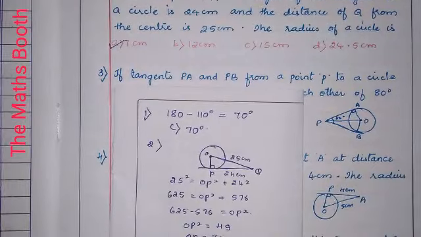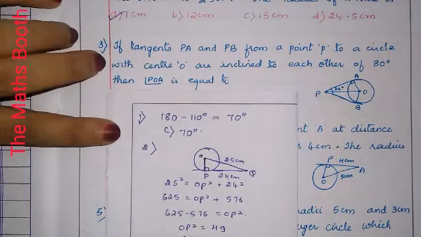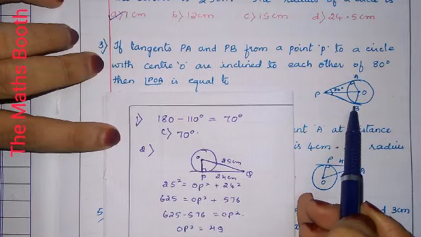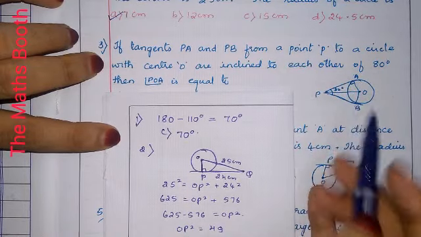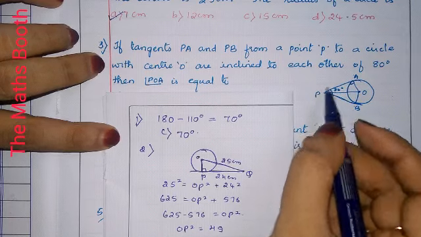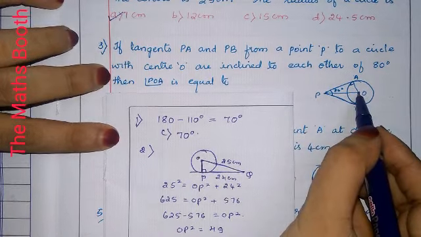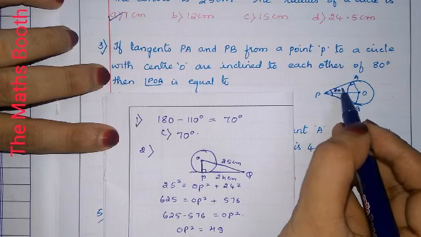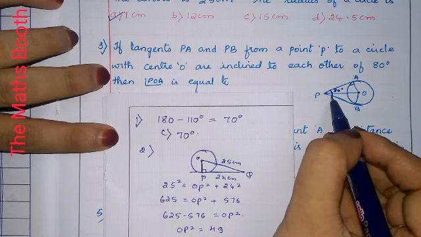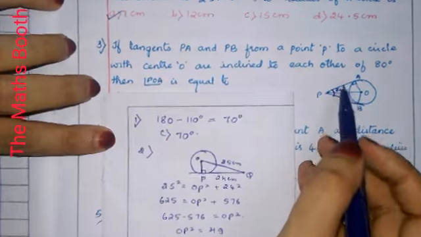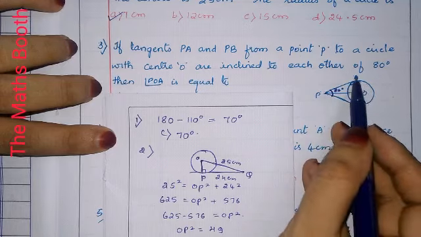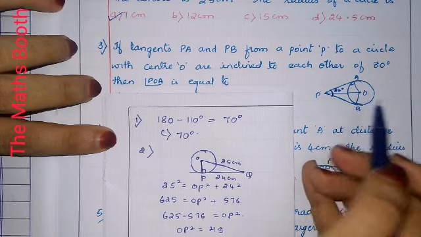Let us see the third question. If the tangents PA and PB from the point P to a circle with center O are inclined to each other at 80 degrees, then angle POA is equal to how much?